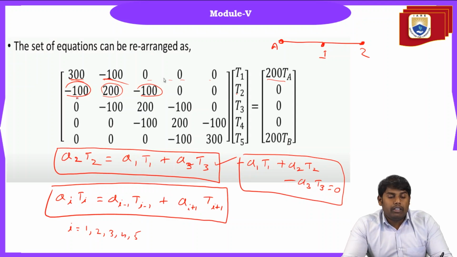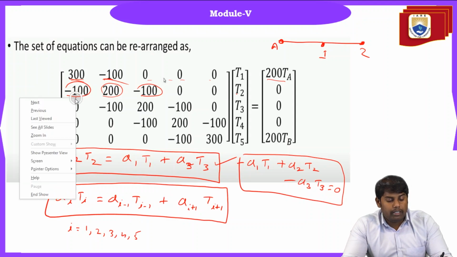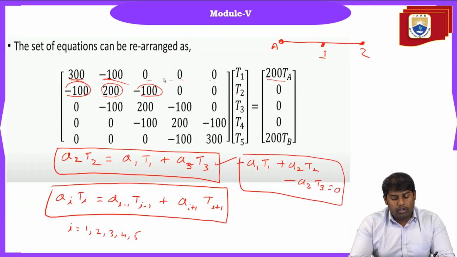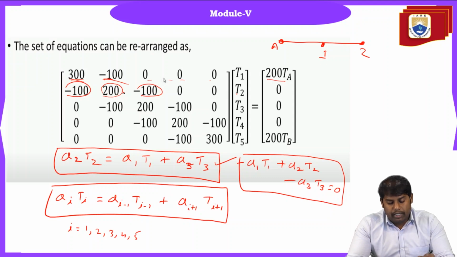Here A1 is minus 100, A2 is 200, and A3 is minus 100. This is for the second equation.